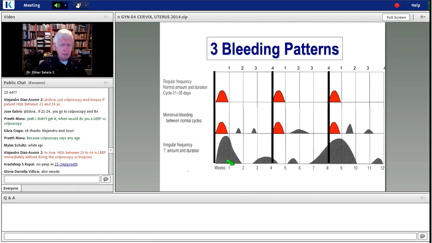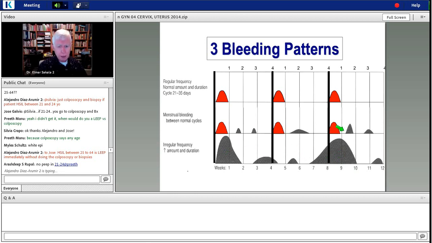The third line, there is no red at all. There is no predictability at all. There is variation in terms of amount of bleeding, in terms of duration of bleeding, and frequency. This last line is consistent with a hormonal problem, specifically anovulation.